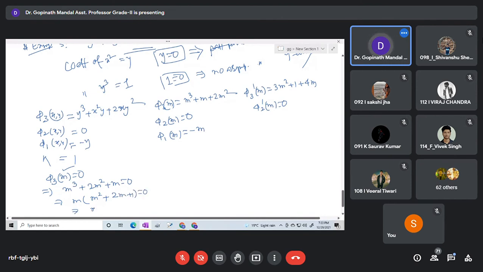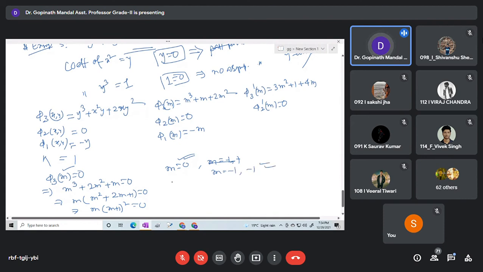This is m into (m plus 1) square equal to 0. So m equal to 0 and m equal to minus 1, minus 1. So m equal to 0 is a non-repeating root, and m equal to minus 1 and minus 1 are repeating roots.